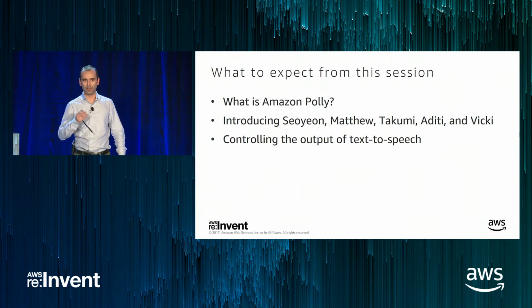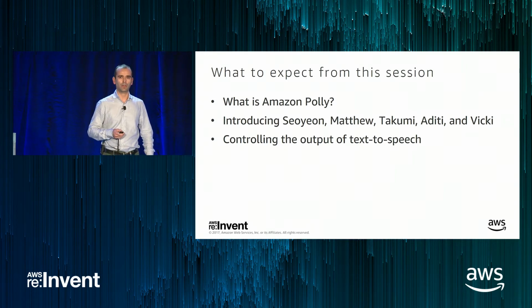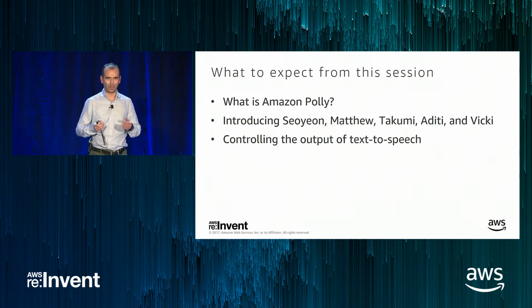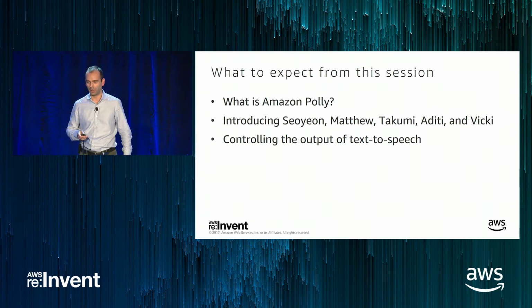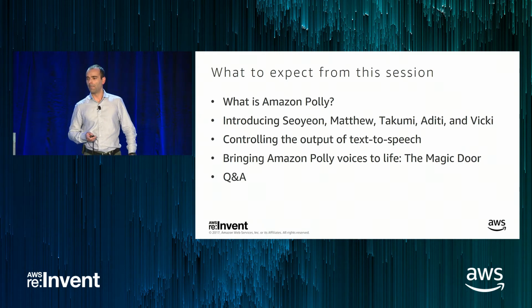I will go through a couple of examples of how to control the voices, how to make them produce more than they normally do without SSML, and I will later go into what SSML is. Then we will explain how to get the most out of Polly voices through the example of the magic door. And then if time allows, we will take some questions.